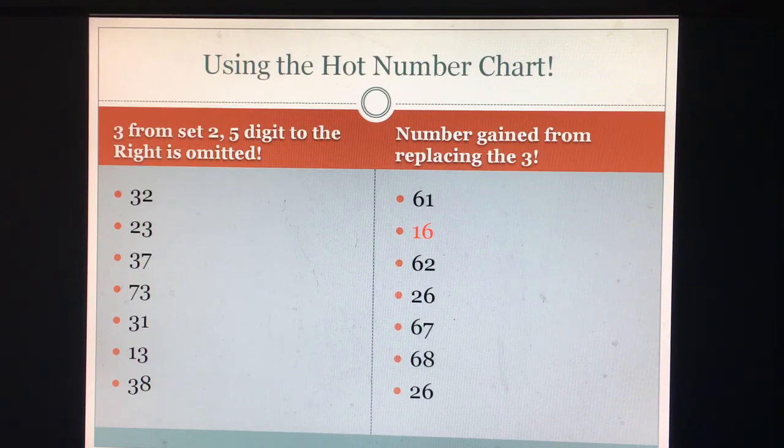And as you can see, by replacing the 3 with a 6, you get a 6 number advantage. If you keep the 3, you gain a 7 number advantage.